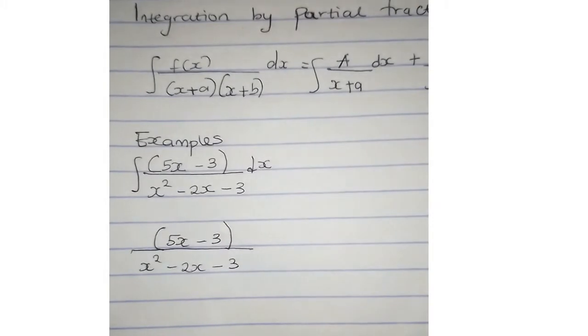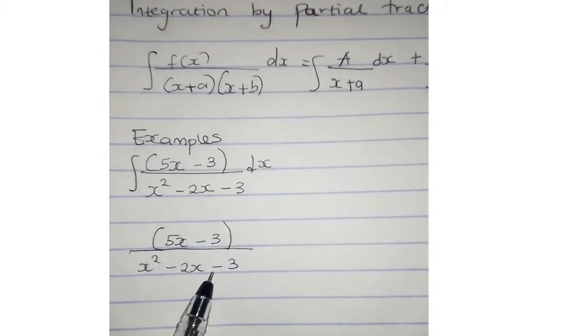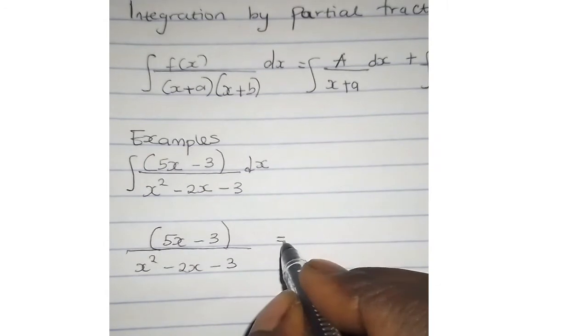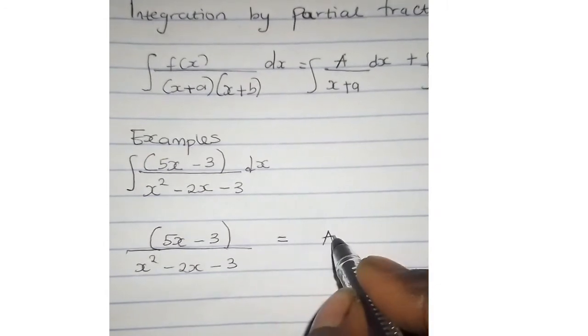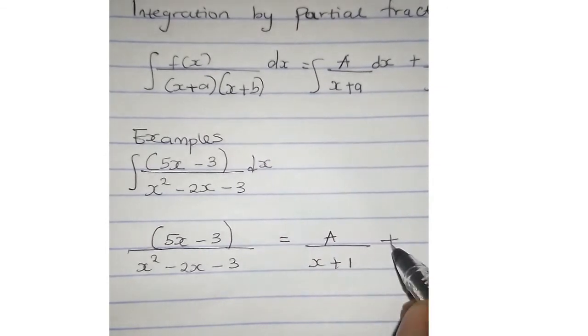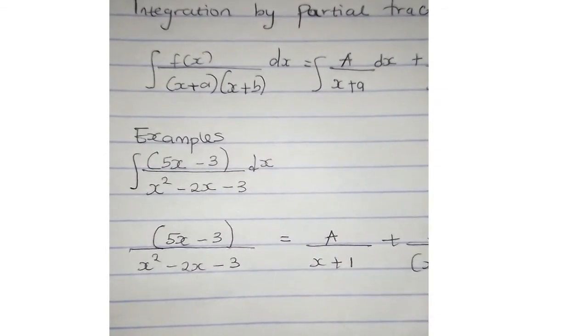So the first thing we do, we need to factorize this. We need to factorize it. And when we factorize the denominator, we are going to have a over x plus 1 plus b over x minus 3.